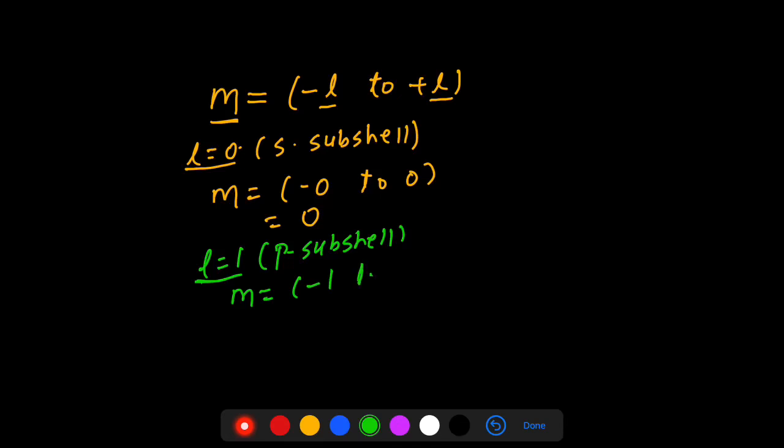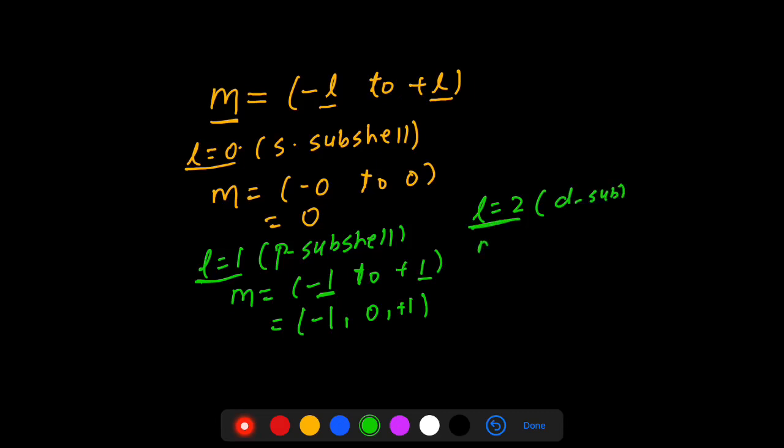In a similar way, if you have to find out for the p subshell, the value of m will go from minus 1 to plus 1. Now write all the integers from -1 to +1 including 0. So can we write it as -1, 0 and +1? We have three values of m over here. Similar way, you can find for L equals 2, which is the d subshell. So for L equals 2, you will have -2, -1, 0, 1 and 2, 5 values of m, right?